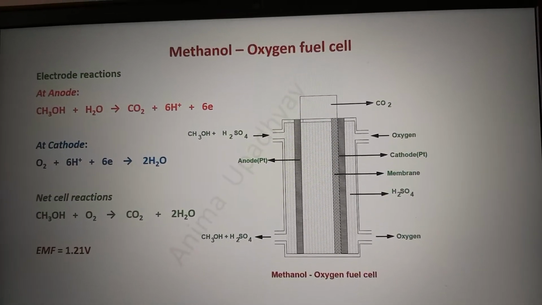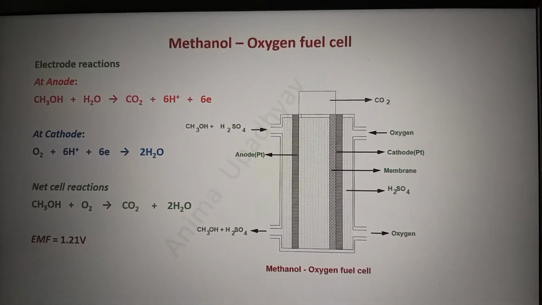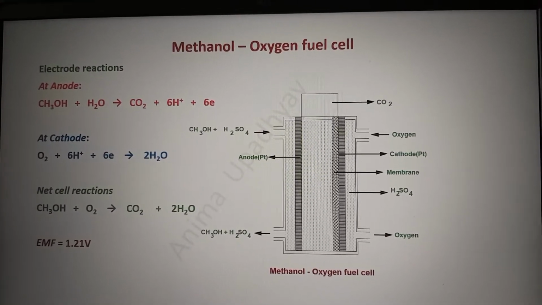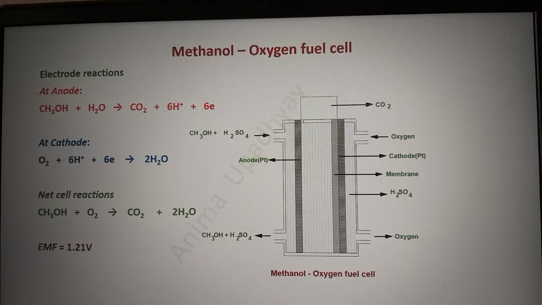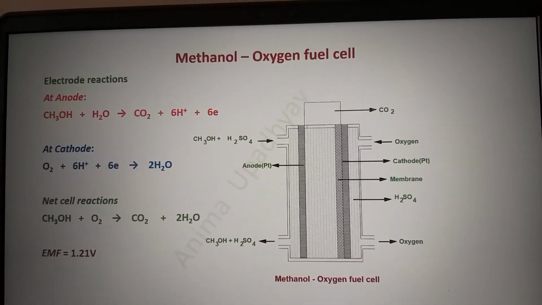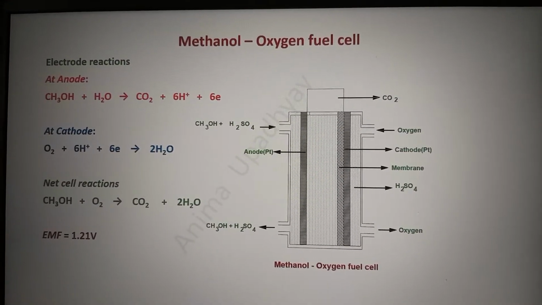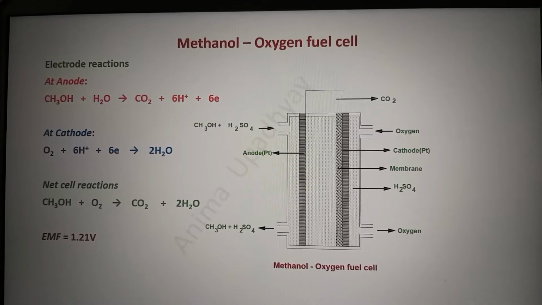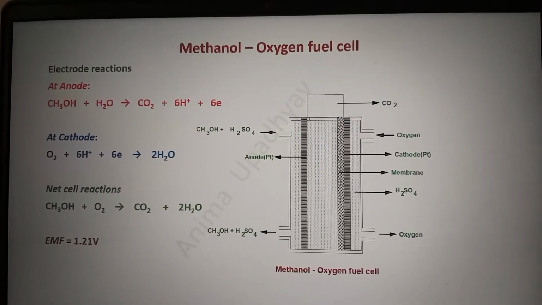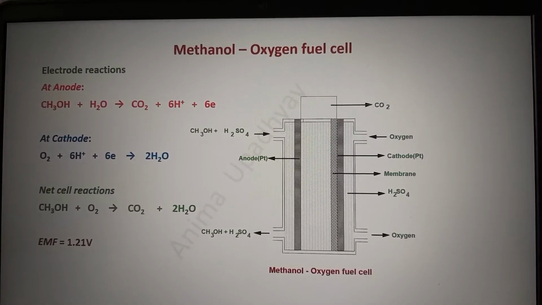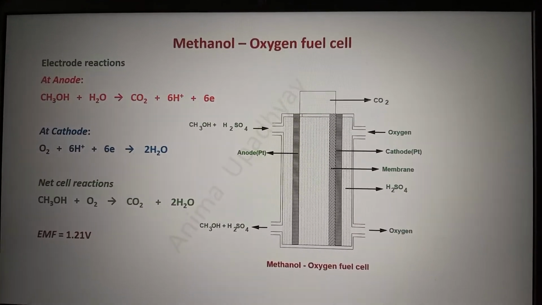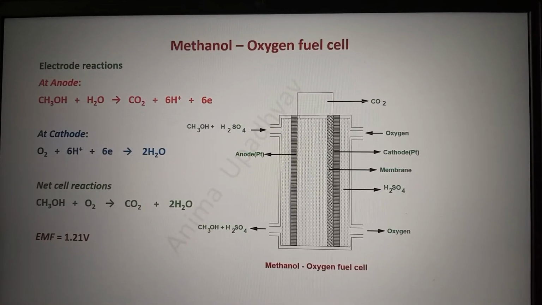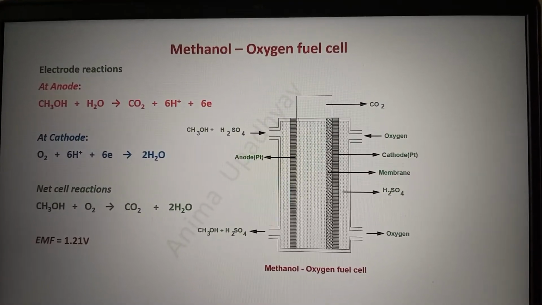So when we are learning the methanol oxygen fuel cells, as I have already told you, methanol is passed at the anode and oxygen which is from the air is passed to the cathode. The oxidation always takes place at the anode and it results in the formation of carbon dioxide along with the loss of electrons.